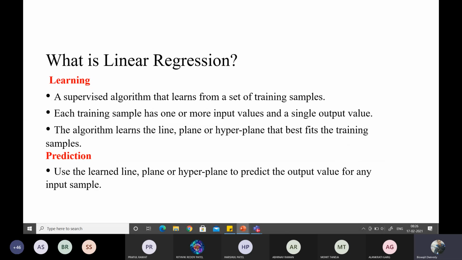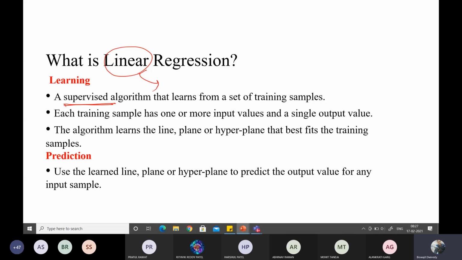So next, what is linear regression? I have already discussed that. Here I have written supervised algorithm. This is important. You should understand that a supervised algorithm means some data or information will be given to us, based upon which we will be finding out our linear model. One line we are going to draw will be based upon some given data.